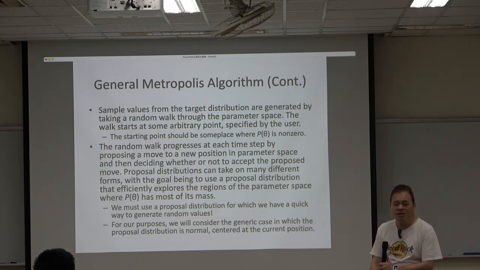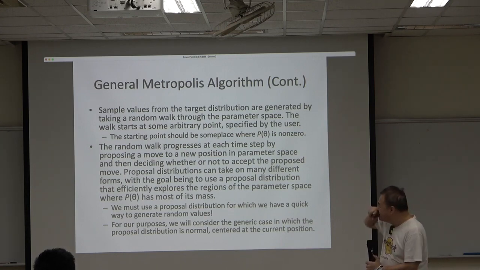It doesn't matter, because it's a random walk. Eventually, the partition will move more often to the islands with more population. The starting point should be some place where P of theta is non-zero.